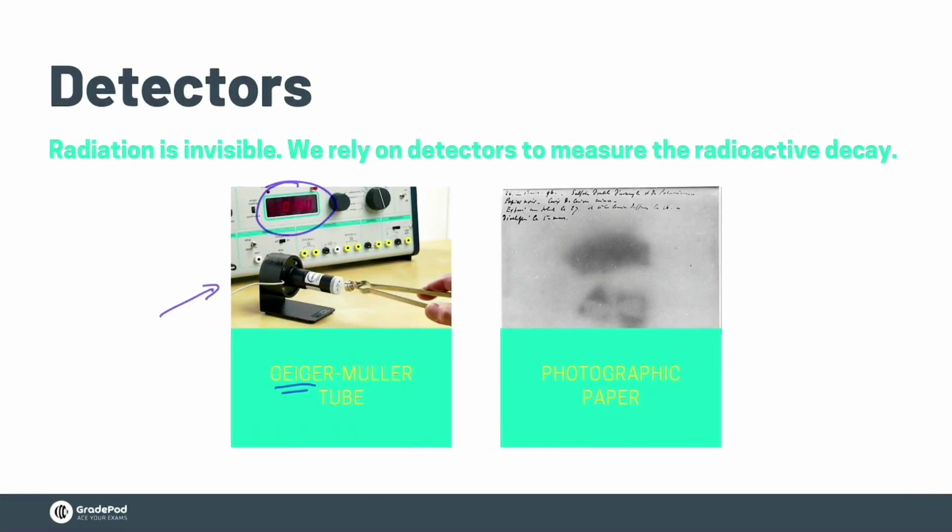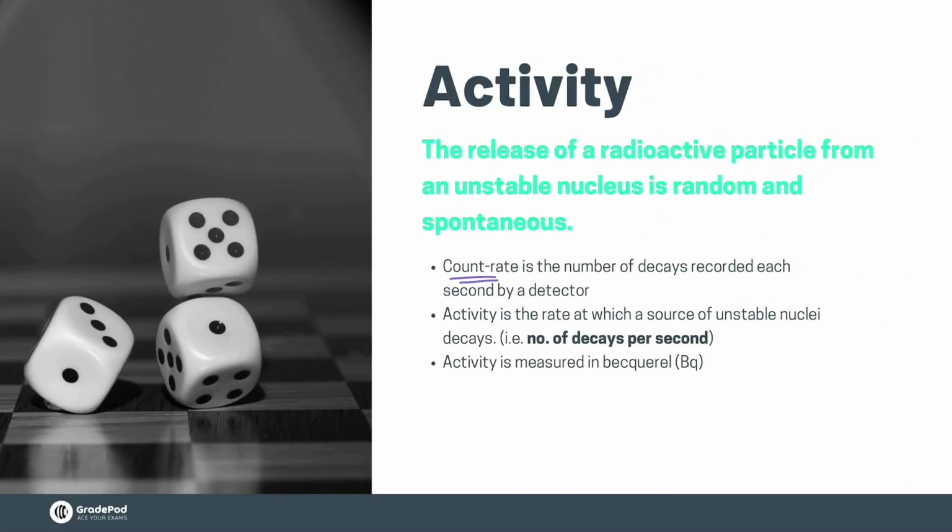So using our Geiger-Müller tube, we can record the number of decays every second. And we measure how much that count rate is by something called activity. Activity is the rate at which a source of unstable nuclei decays. In simple terms, that means it's the number of decays per second.